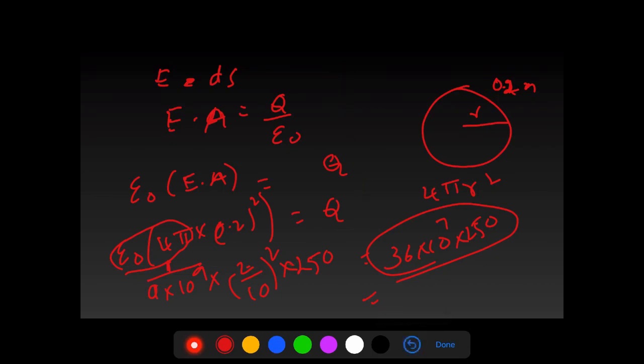We have to see E dot dS equal to q by epsilon naught. If there is a medium, it becomes q by epsilon.